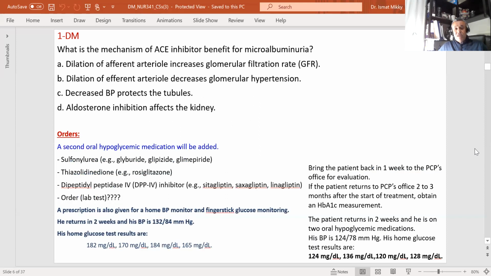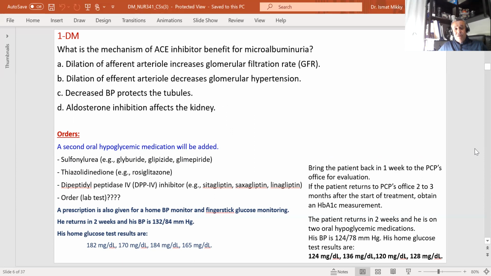So the mechanism of action of the ACE inhibitors to delay the progression of the renal problem, which in this case is microalbuminuria: B is the answer.